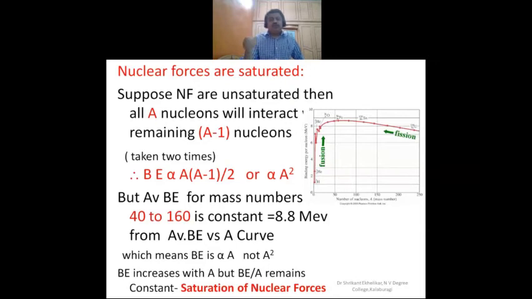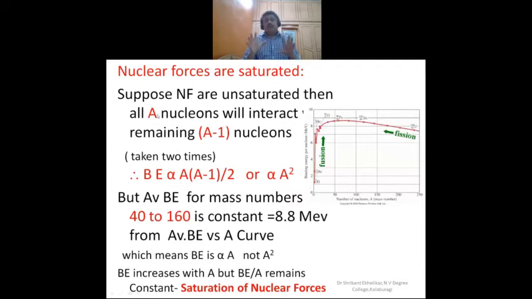What we mean by unsaturated is, inside the nucleus there are a number of nucleons, protons plus neutrons, it may be 2 protons and 2 neutrons, or 20 and 20, or 50 and 50, whatever it is. That is the total number of nucleons, A.